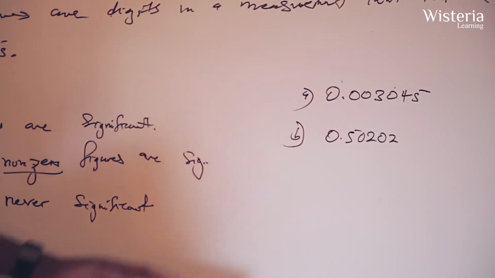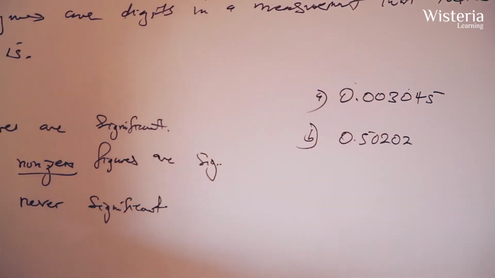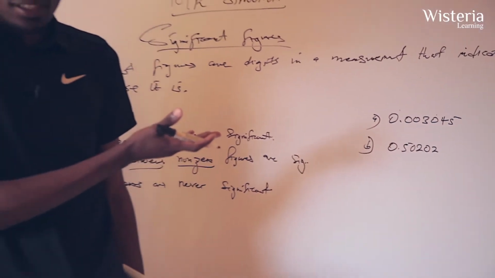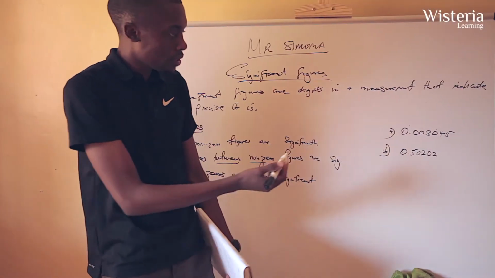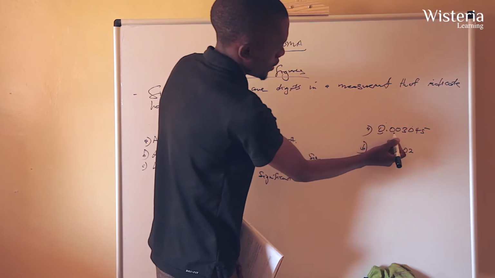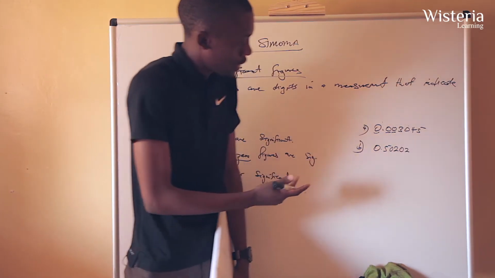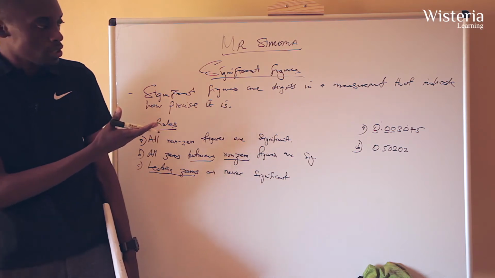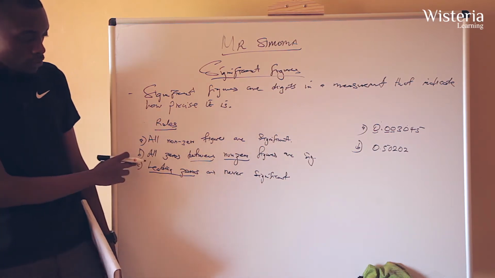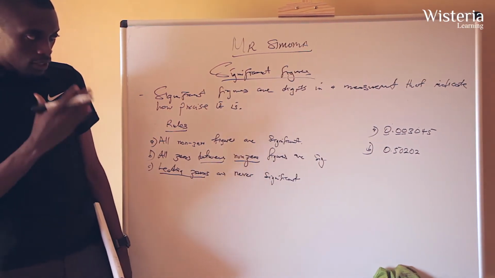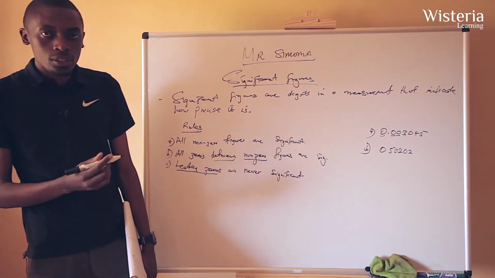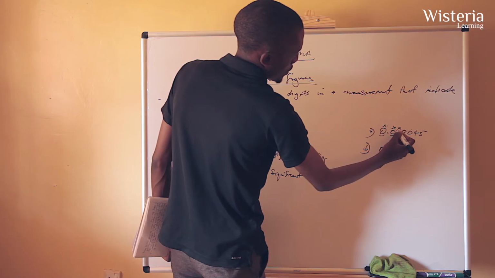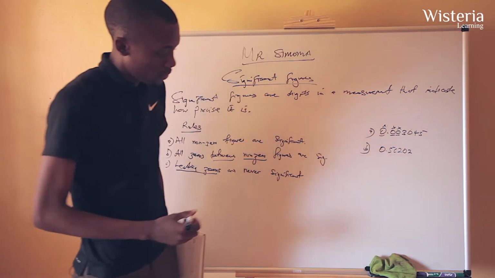Now what do we have in this example? We have 3 zeros that are leading in this measurement. We have this 0 here, there's that 0 and that 0. They are leading zeros in that measurement. So because of this rule, those zeros are not significant. Therefore, this 0 is not significant and that 0 is not significant, 3 zeros.